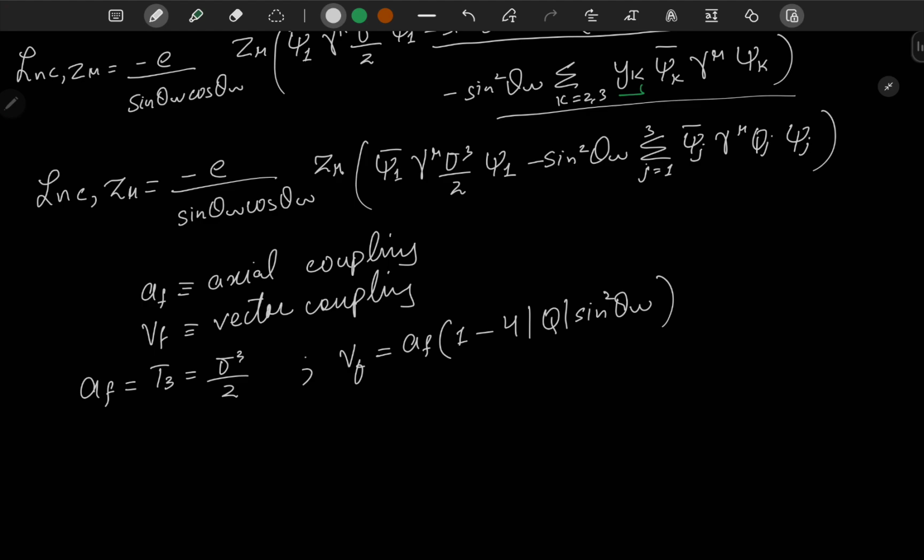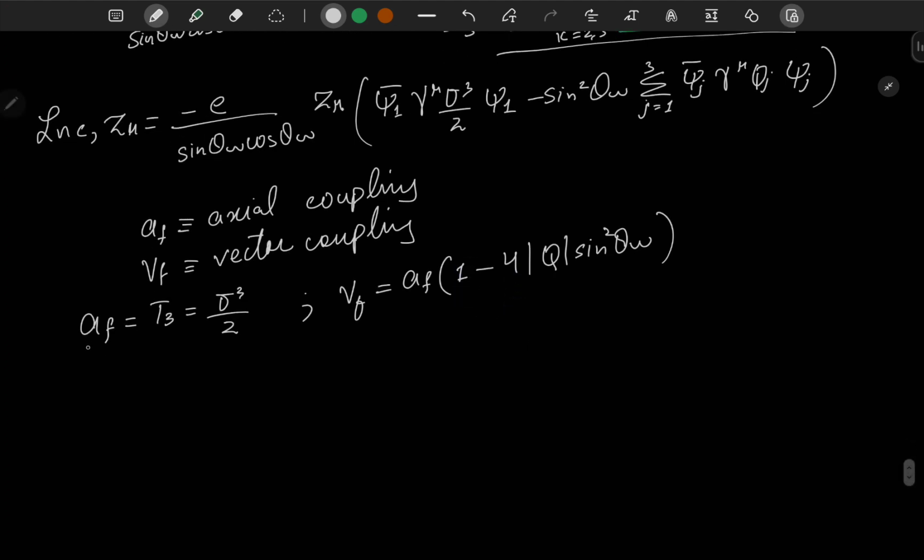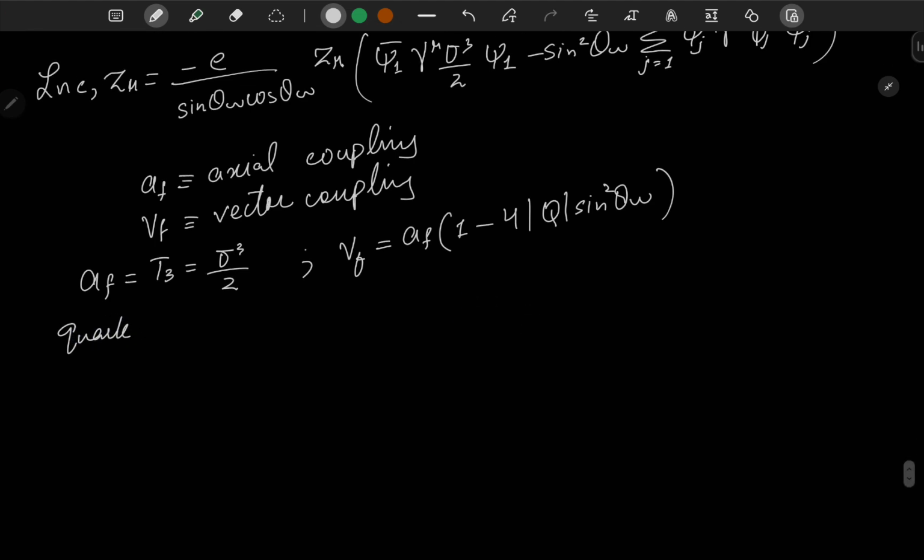Okay, so we can check the values for AF and VF for the down type quarks. And for quarks, the calculations are simple. You can do it for yourself.